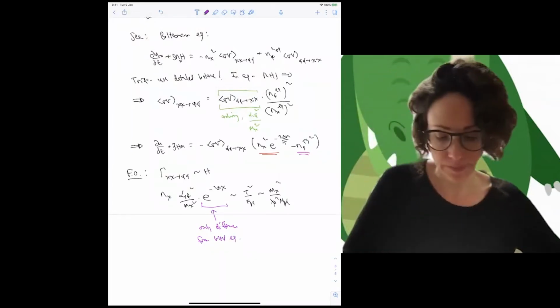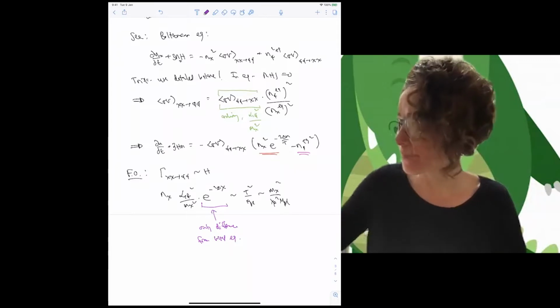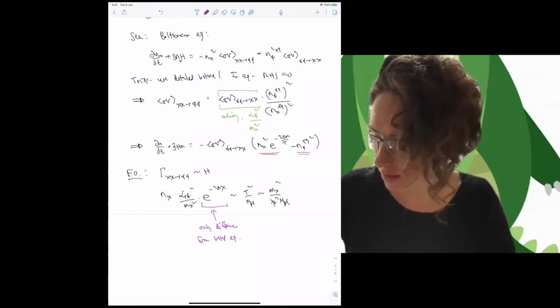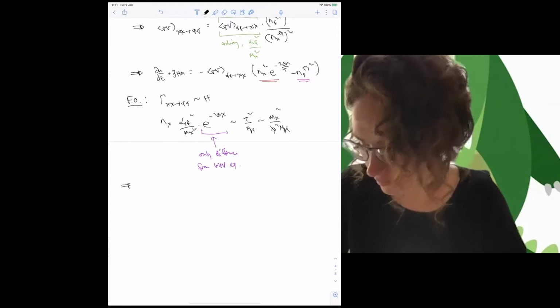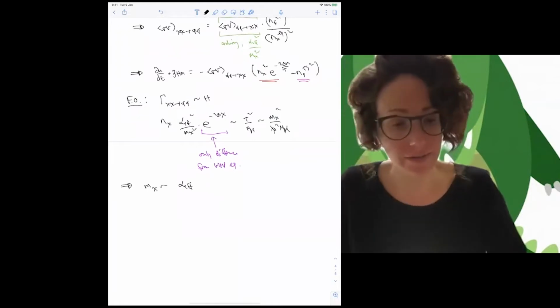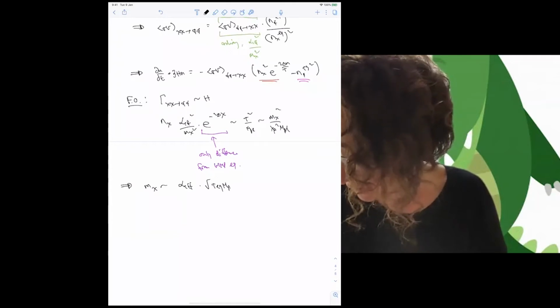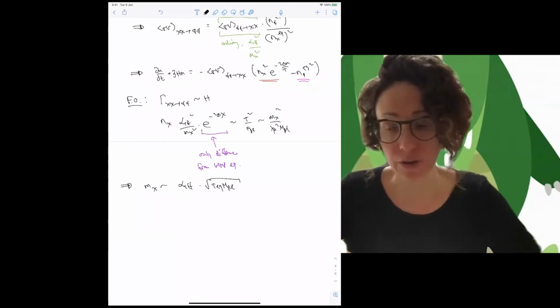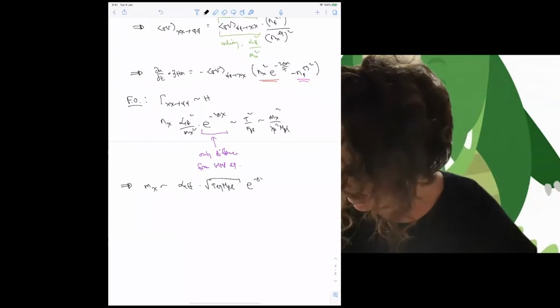Similarly, we solve this equation for m chi, and here's what we get. m chi goes like alpha effective times the square root of t equality m Planck. This was exactly what we had for the WIMP, but now we also have this exponent, e to the minus delta x.